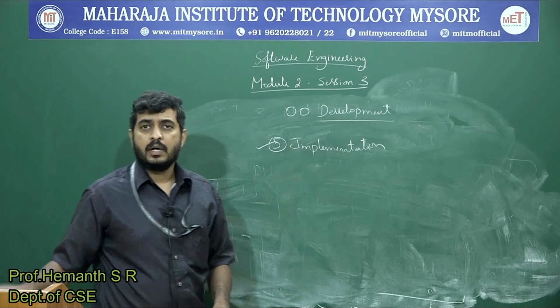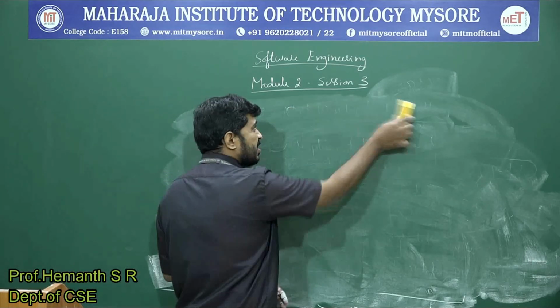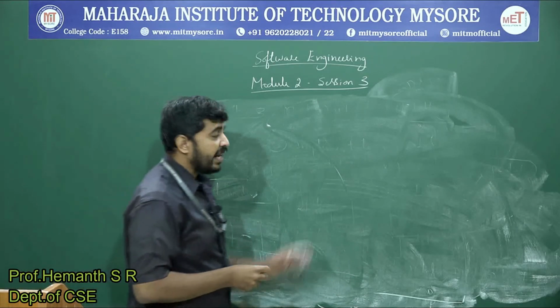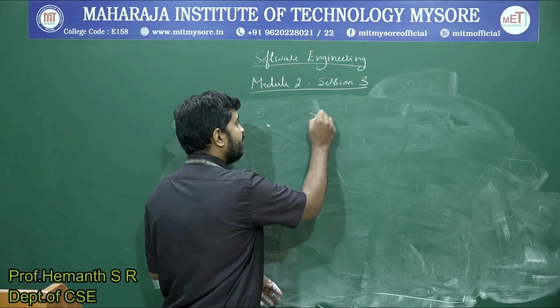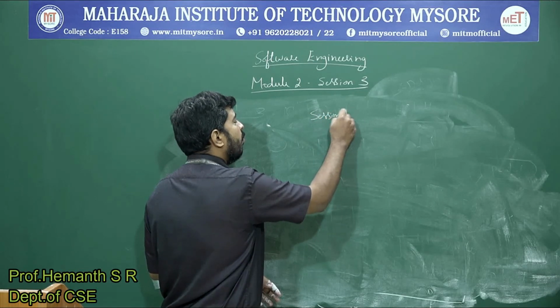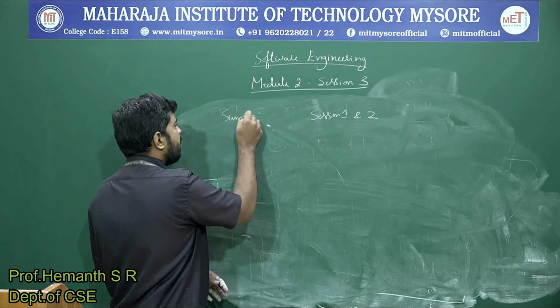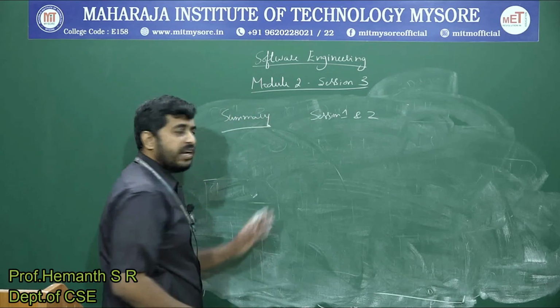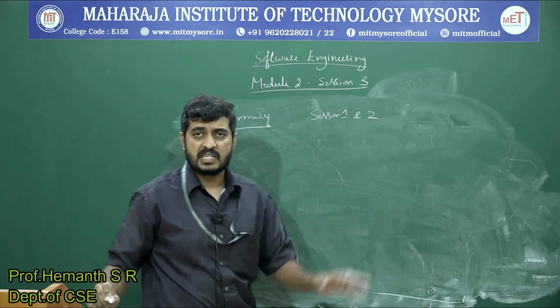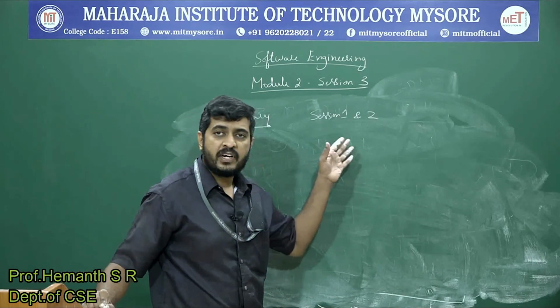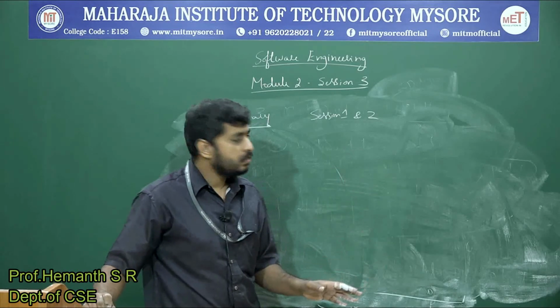So in session 3, a brief recap of what was discussed. We had a recap of what we saw in session 1 and 2. I'll just summarize session 3. The reason is session 3 is not completely different. It's a continuation of what we had understood in session 1 and 2.